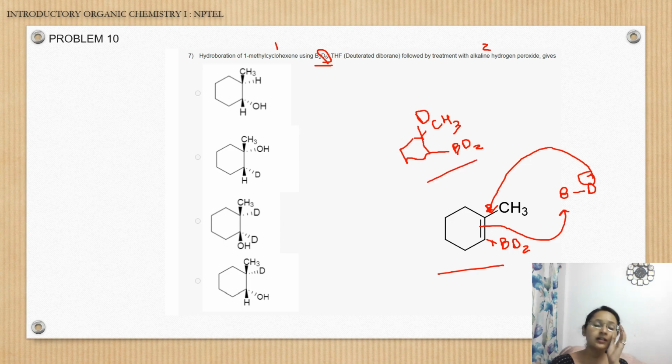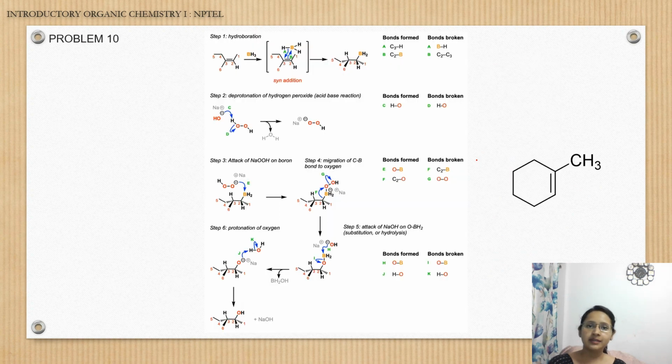But now in the options, as you can see, you have to mention stereochemistry as well. So I'm explaining the mechanism again. First of all, the hydrogens of boron hydride are electron rich, boron is electron deficient, the alkene attacks the boron, and in turn the hydride attacks on the same face, so syn addition takes place to give you this molecule.